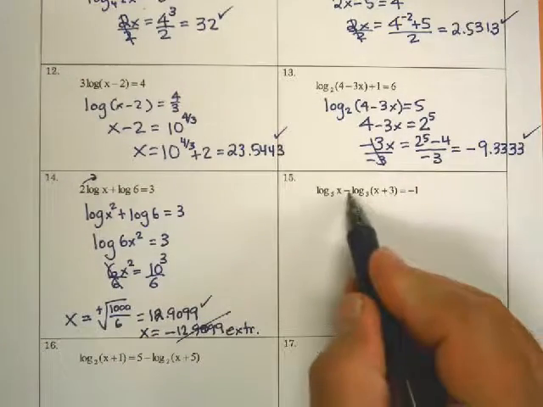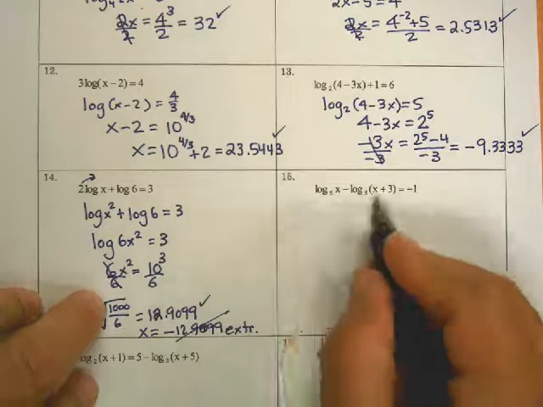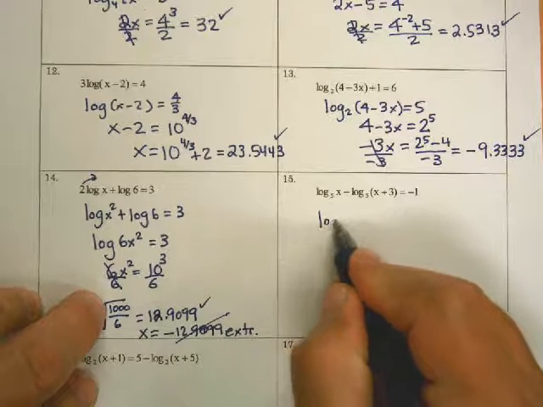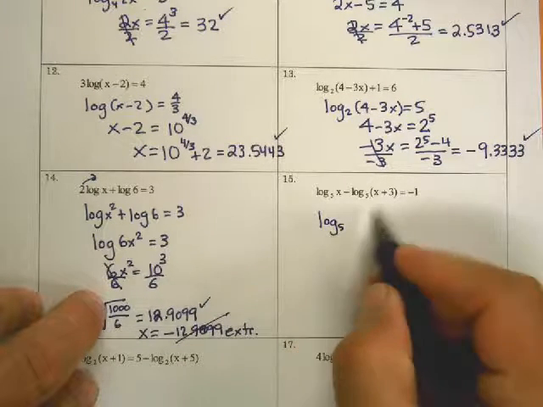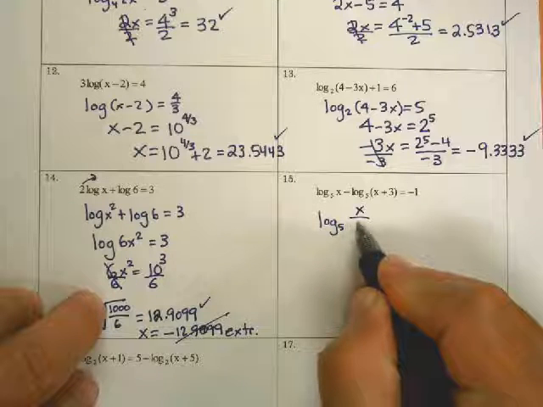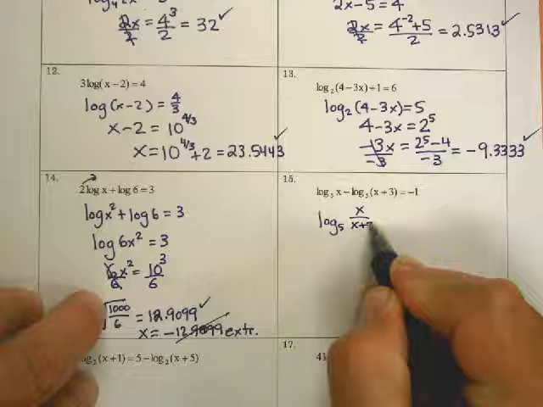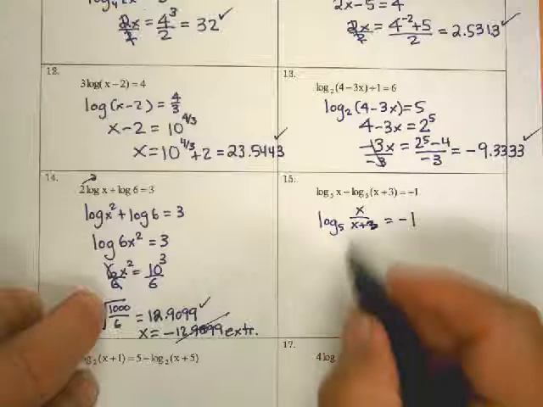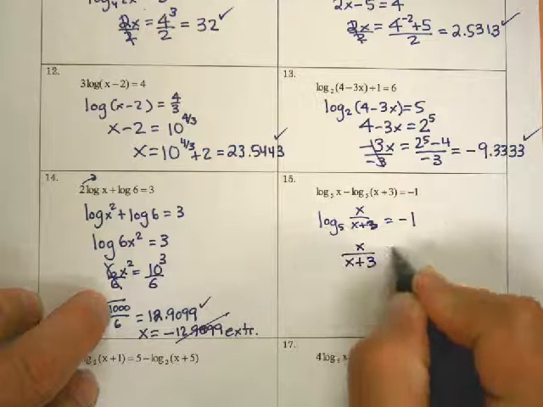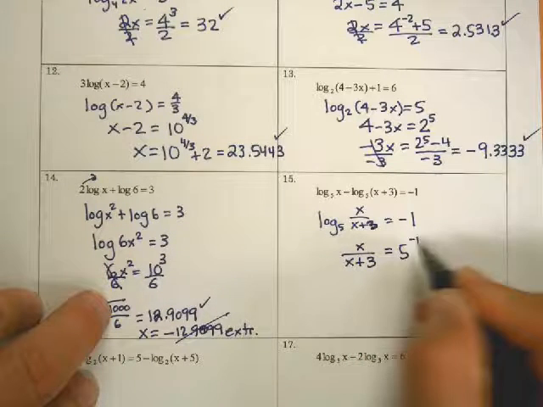Okay, this one here has a minus sign, which means when you put these logs together, you have to use the quotient rule, x over x plus 3. And you get 5 to the negative first power, which is 1/5.